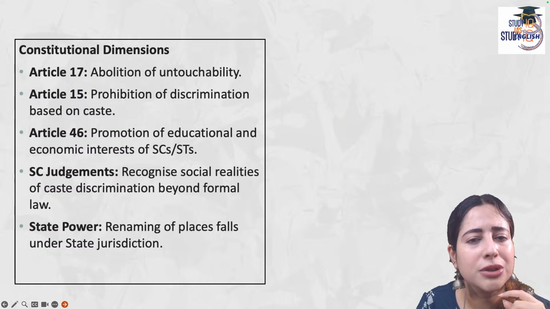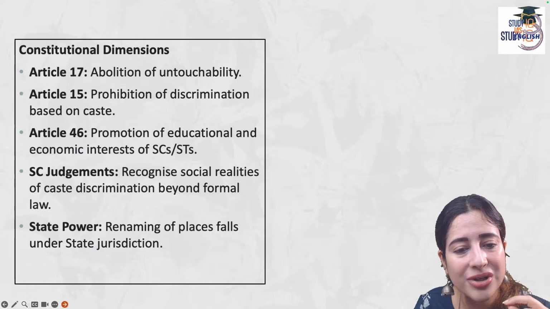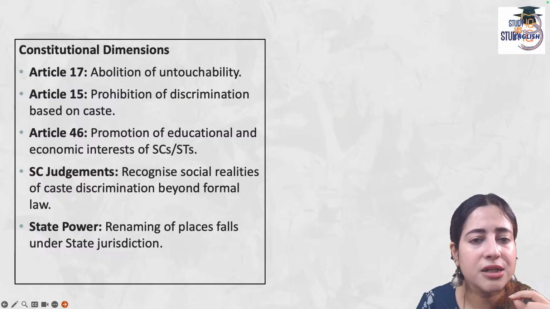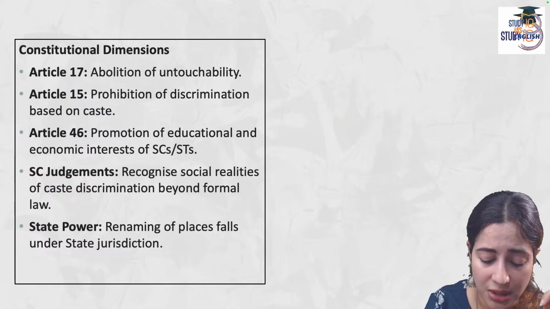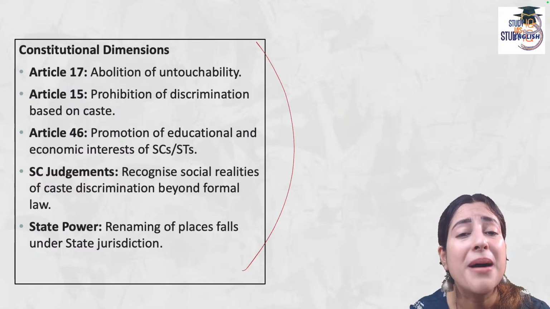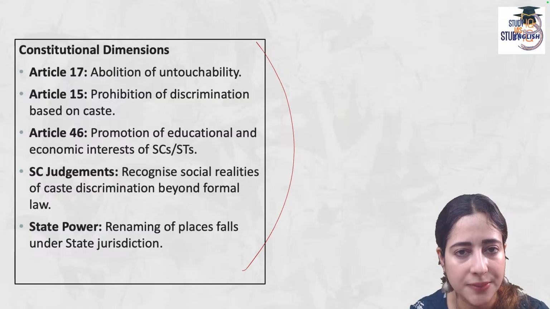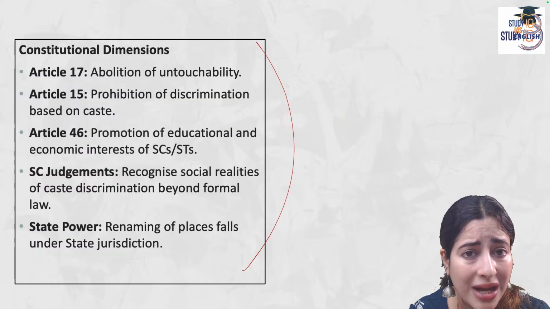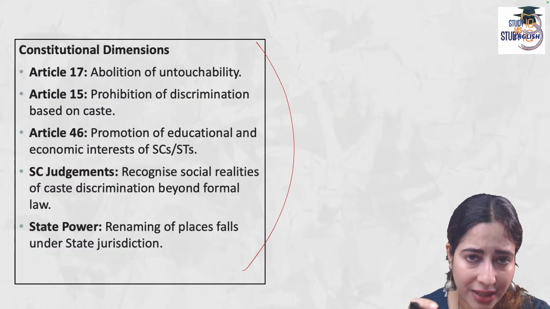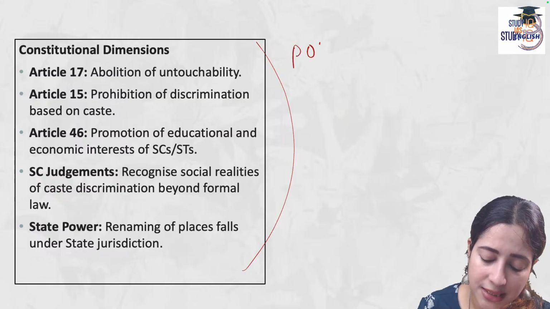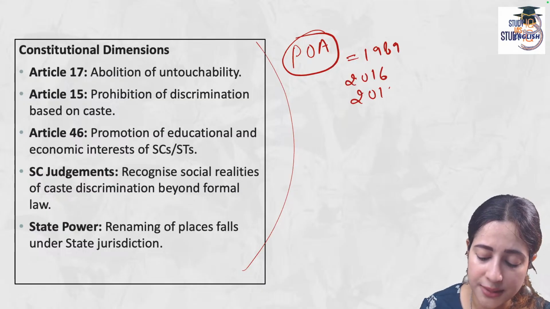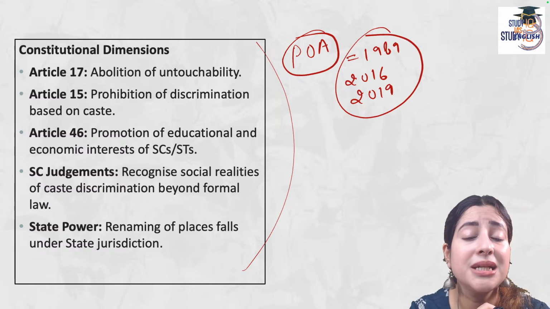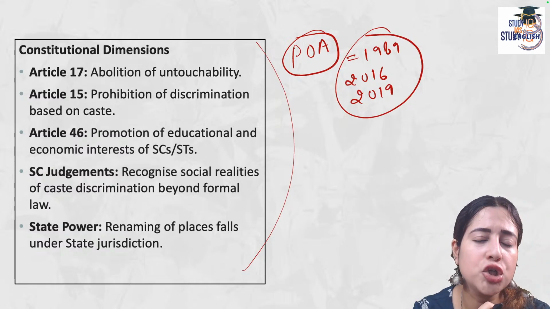Even talking about the constitution, our constitution strictly prohibits any kind of caste-based stigmatization, exploitation, discrimination. Article 17 clearly abolishes untouchability. Yes, we do have the POA, the Prevention of Atrocities Against Scheduled Castes and Scheduled Tribes Act 1989, that was further amended at least 2 to 3 times, making untouchability an even more strictly punishable offense.